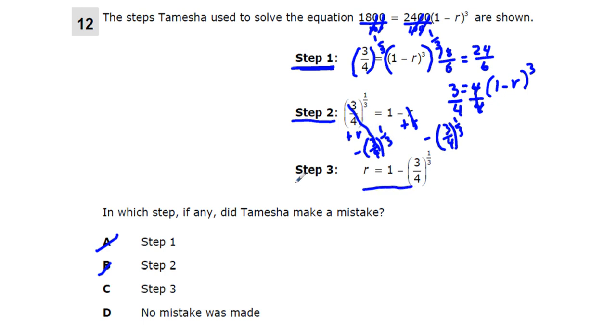So that's correct also. So there's no mistake in step 3. So our correct answer choice is D. No mistake was made.